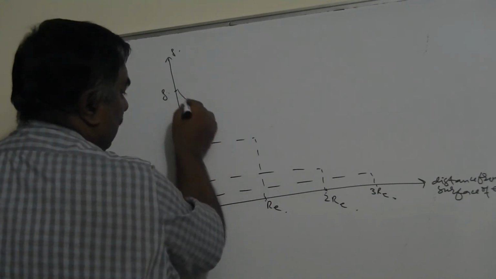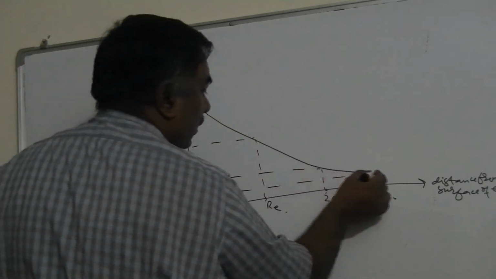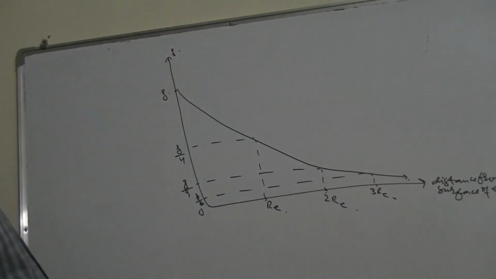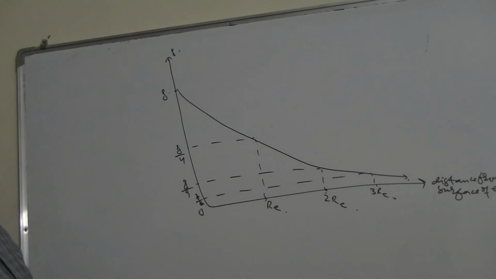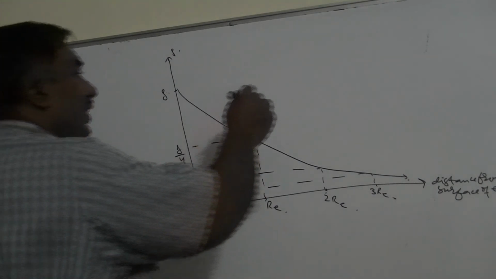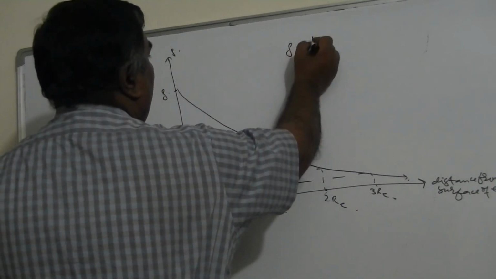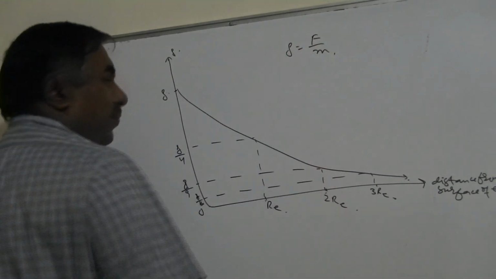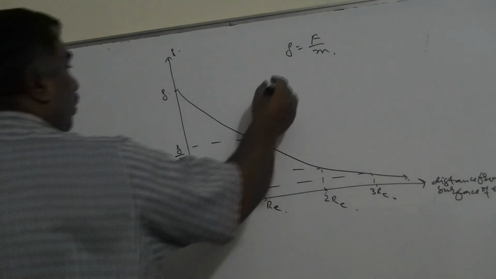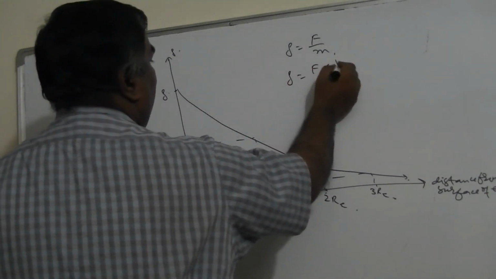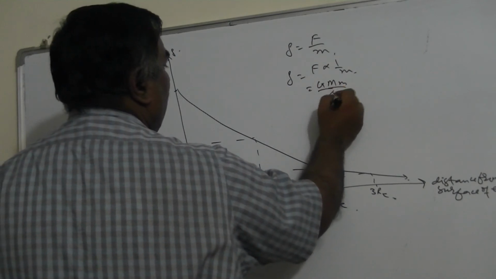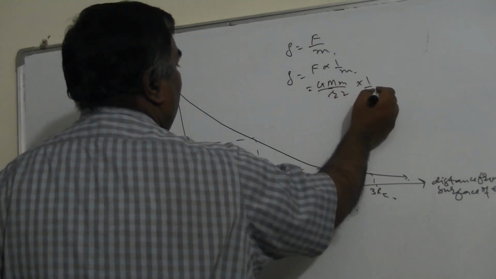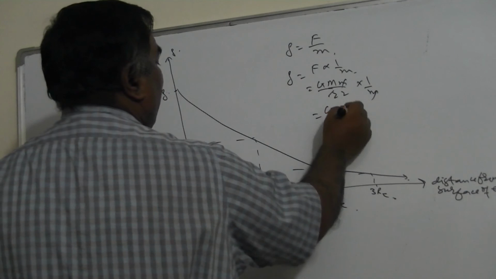So this will be the line. This is the line when the distance is from the surface of Earth. See the 4 graphs, the difference in these 4 graphs. So this is the acceleration due to gravity. Again I will say, we define acceleration due to gravity by the formula g is equal to F upon m, as the force per unit mass. Then we can prove it as g is equal to F into 1 upon m, and F is GMm upon r square, into 1 upon m. m cancels out, so it's GM upon r square.